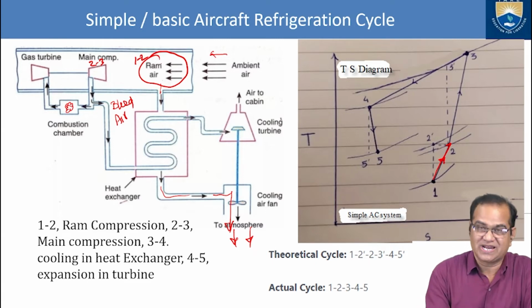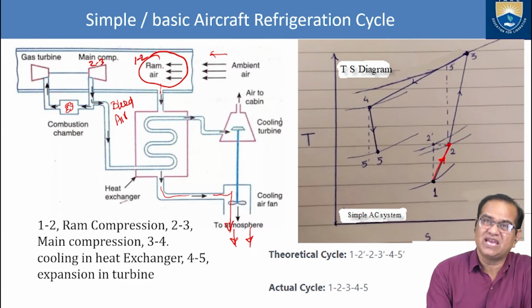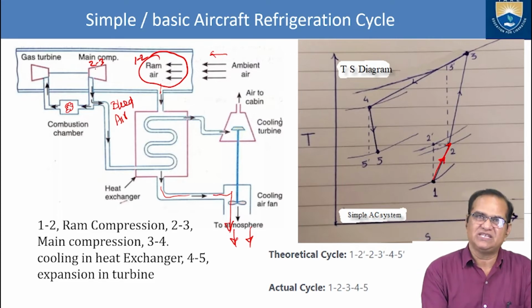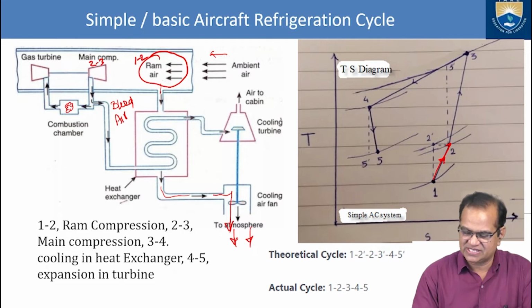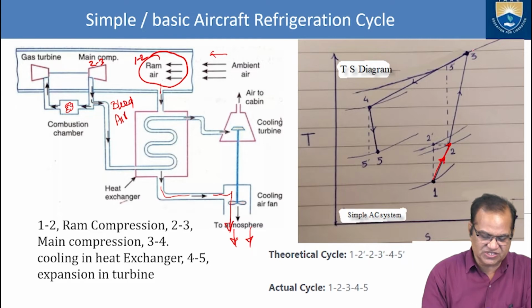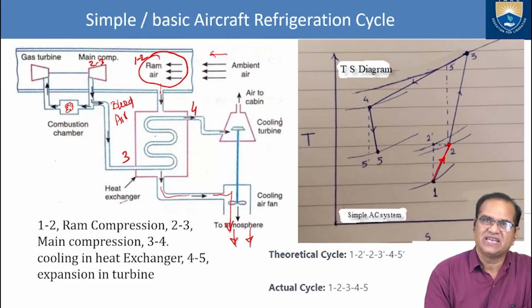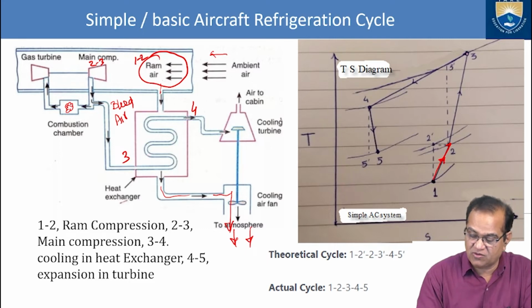1 to 2 is the ram air compressor. It is the ramming action of the air which is entering inside the aircraft. 2 to 3 is the main engine compressor. This engine is pressurizing this air. From here, air is tapped. 3 to 4 is a heat exchanger. This is 3 and this is 4. In the heat exchanger, heat is exchanged and the temperature falls from 3 to 4.